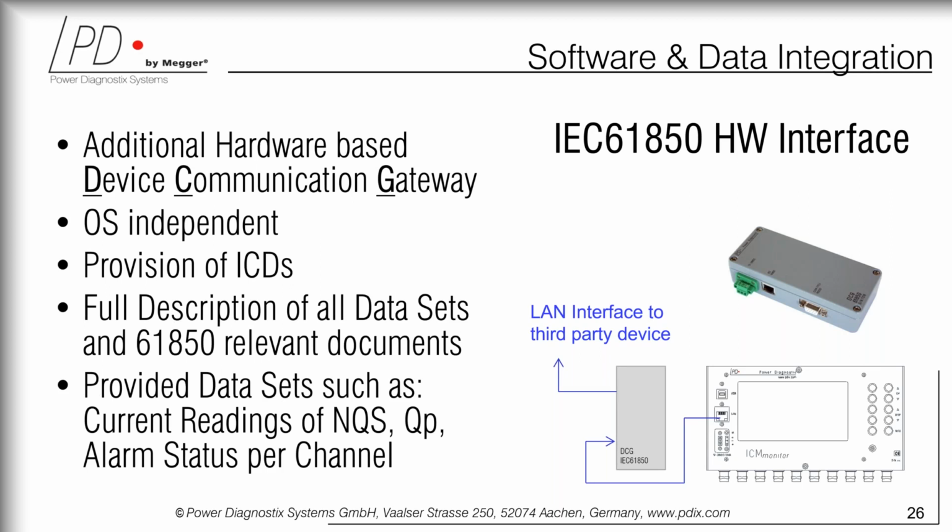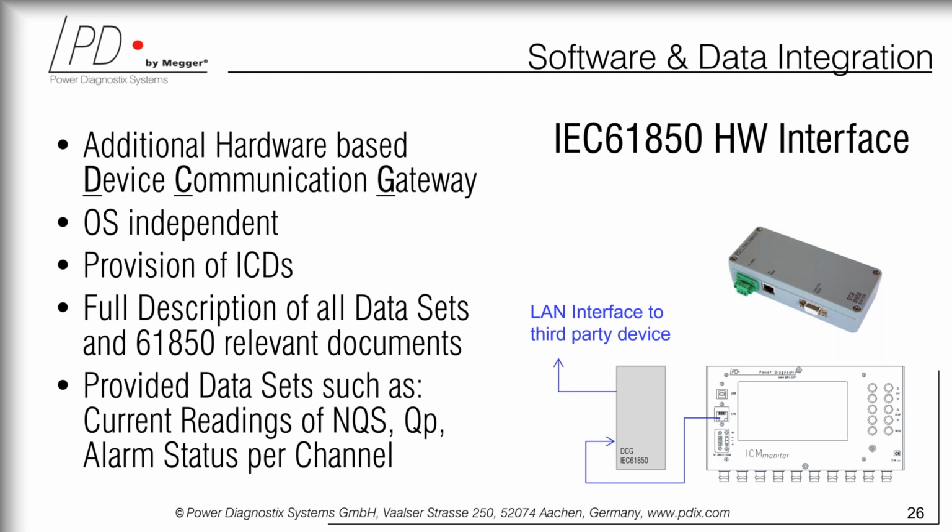It connects into the LAN port, and eventually it generates 61850 information. Some of the monitors you've seen have a dedicated 61850 port, which you can imagine embeds this DCG device, and this is just a matter of how compact people would like to see the device, and we will help with the order.